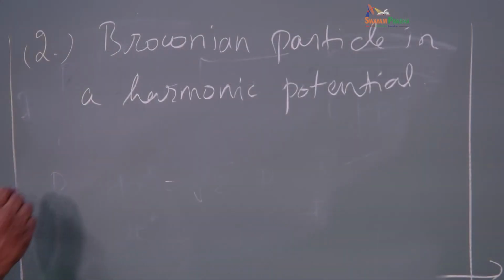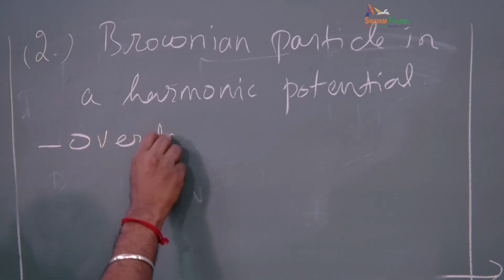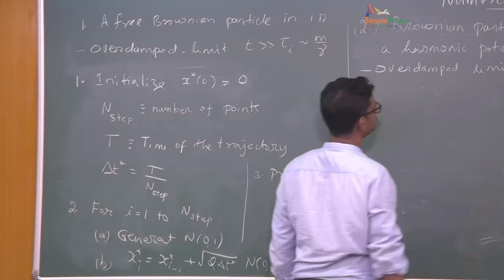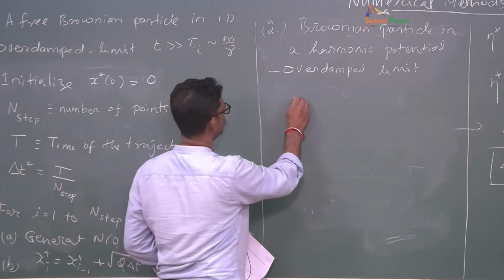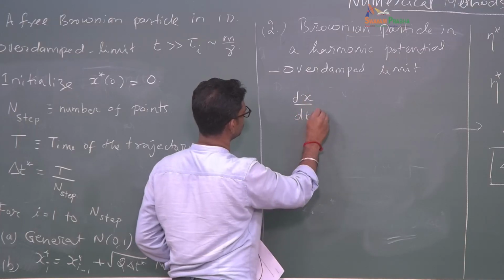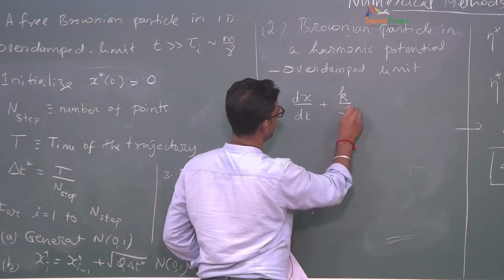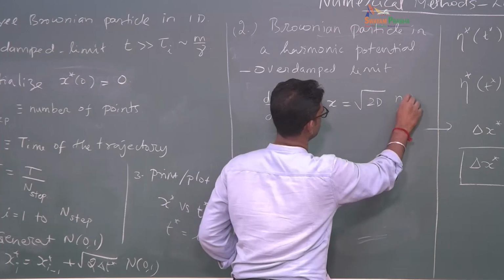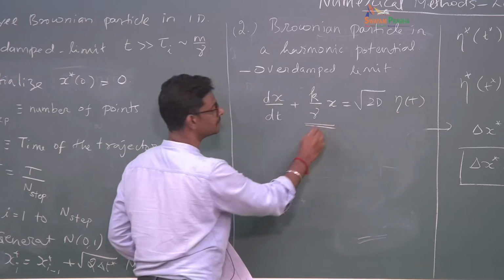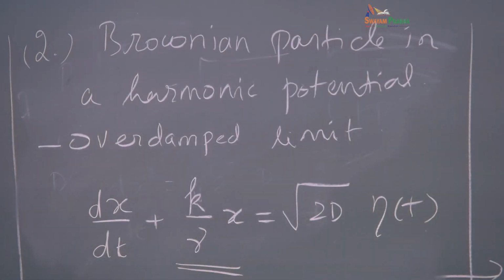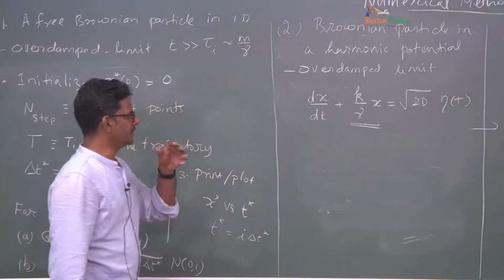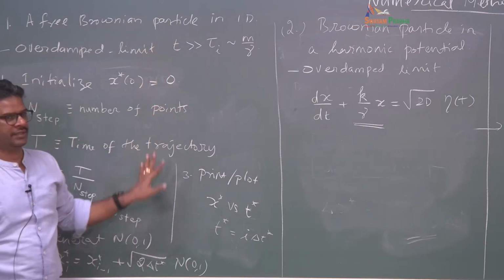In the overdamped limit, we have dx by dt plus k by gamma x equal to square root of 2D eta of t. So this is the additional term that comes because of the harmonic potential, which is confining the particle within the potential well. This is also dimensional, just like in the previous case.